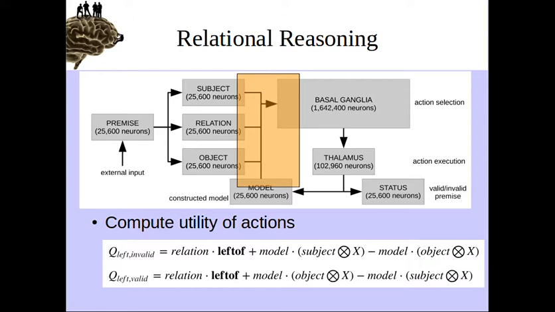I'm going to have two of them. One action is for when somebody tells me something is left of something else, and that's true of my model. And a different action for when someone tells me something is left of something else, and that's false of my model, because I want to do different things in those two cases.